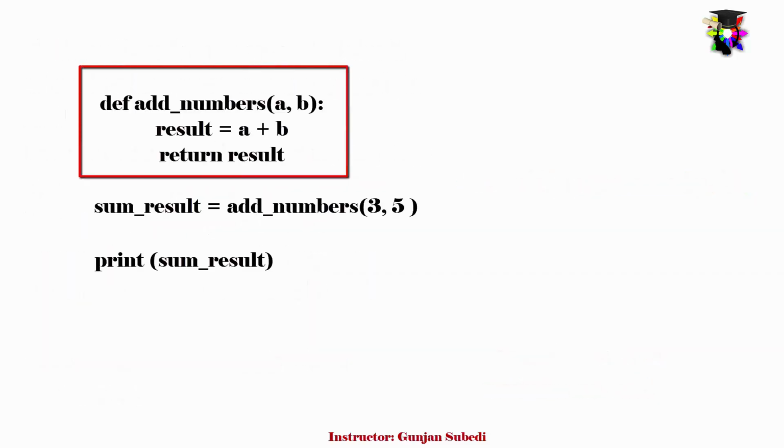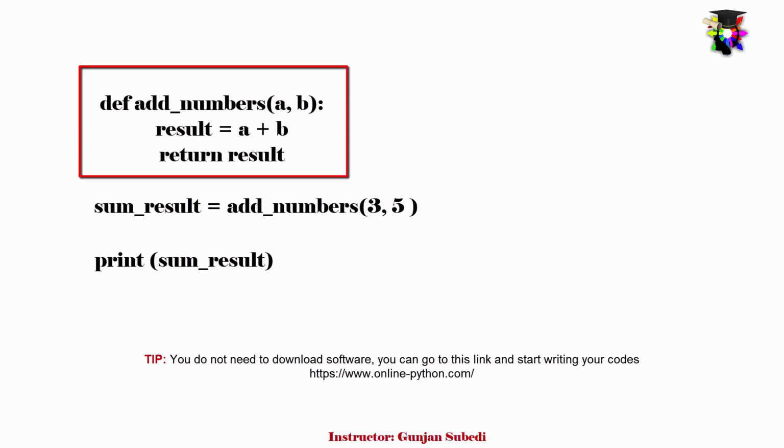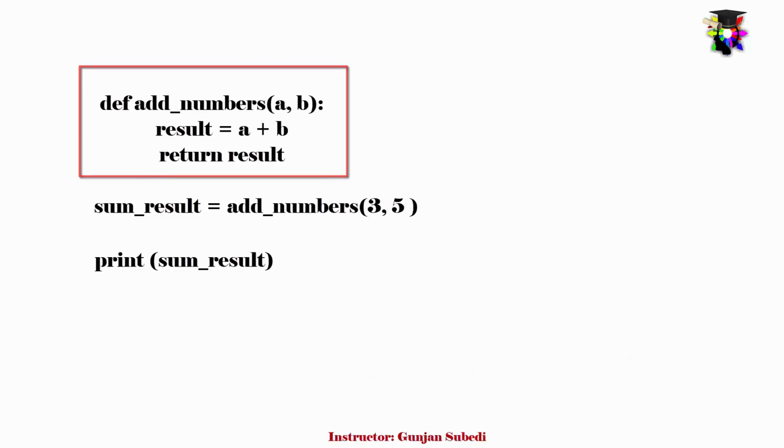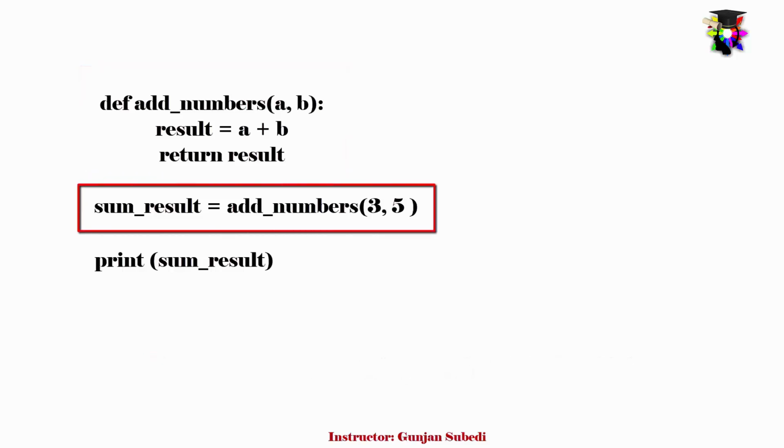This code defines a function named addNumbers that takes two parameters, a and b. Inside the function, it calculates the sum of a and b and assigns it to a variable named result. Finally, it returns the value of result. This line calls the addNumbers function with arguments 3 and 5.